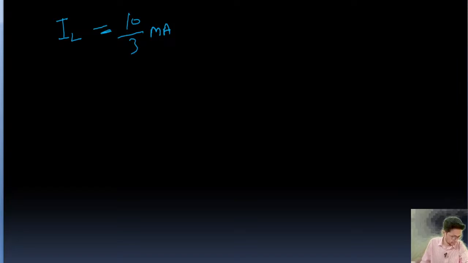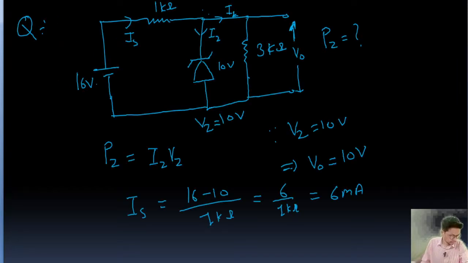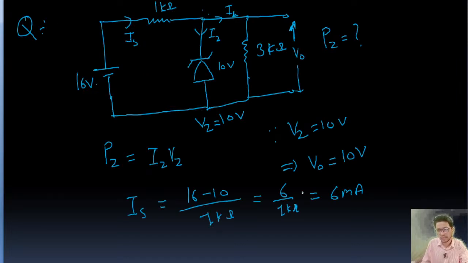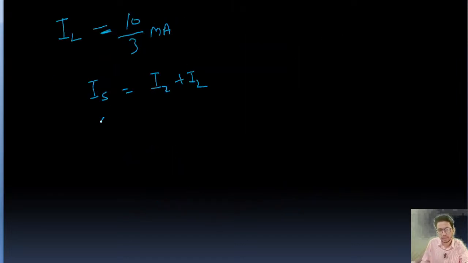milliampere. Okay. Now we know here Is, this current, is equal to this plus this, IL, right? So now we know Is is equal to Iz plus IL. Now we have Is, 6 milliampere. 6 is going to be Iz, we need to find out, and IL we have already found, this is 10 by 3.